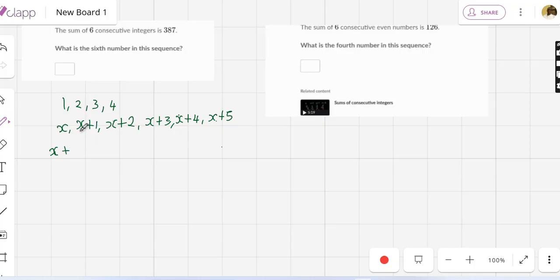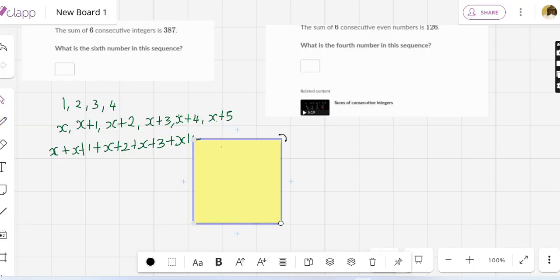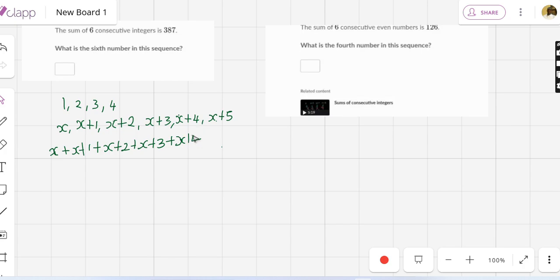Plus x plus 1, plus x plus 2, plus x plus 3, plus x plus 4, plus x plus 5.